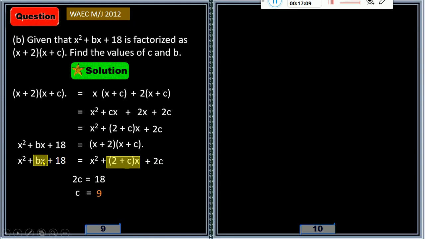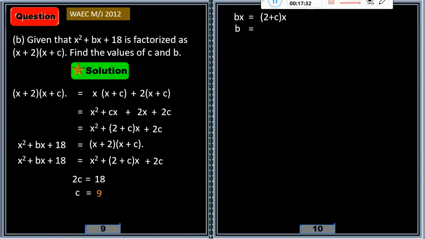Then we are now going to take the middle term. bx will be equal to 2 plus c into x. Now equating that, we are going to have bx will be equal to bracket 2 plus c bracket closes x.